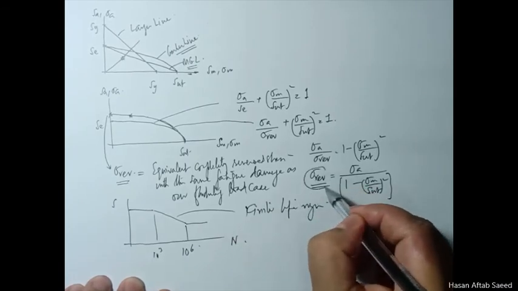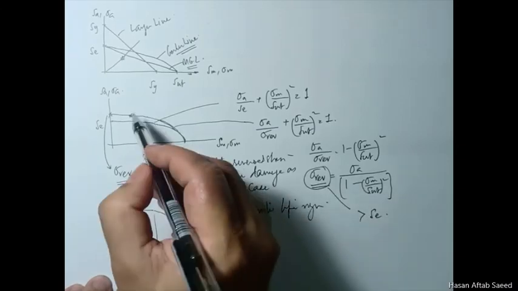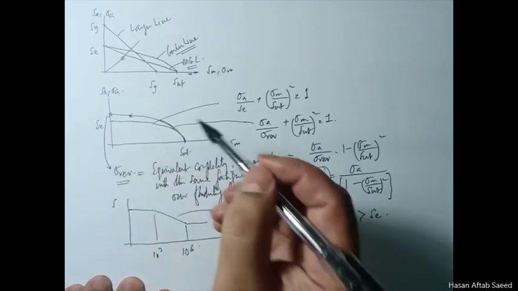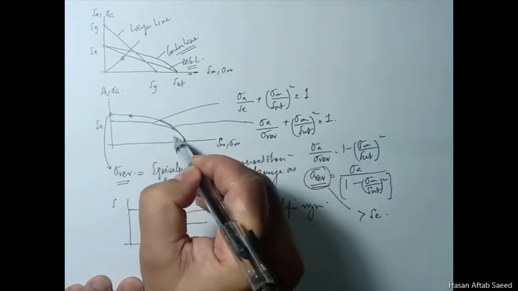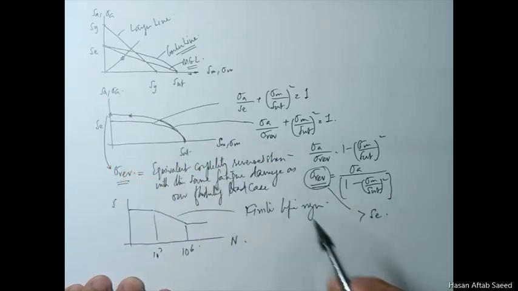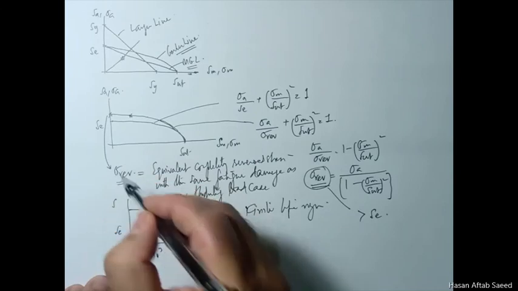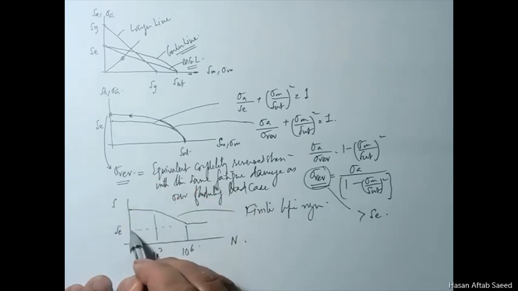And this sigma rev will be greater than SE. Obviously, if it was less than SE, then this line would have passed somewhere around here, and then this point would have been in the infinite life region, but it is not. So this is your SE. So your sigma completely reversed will be above this.